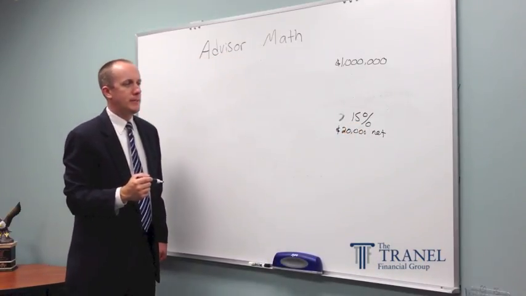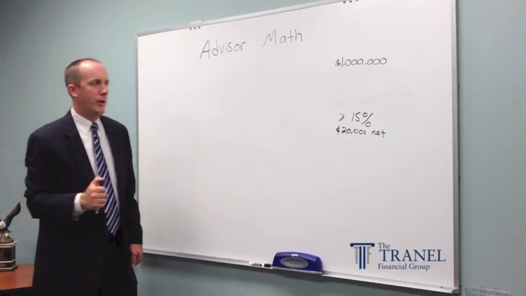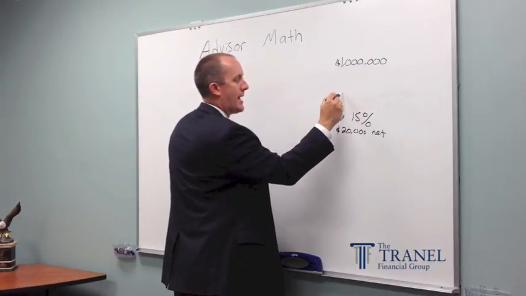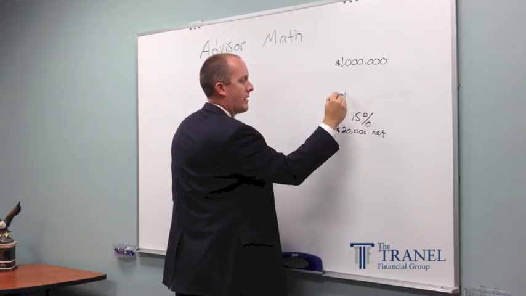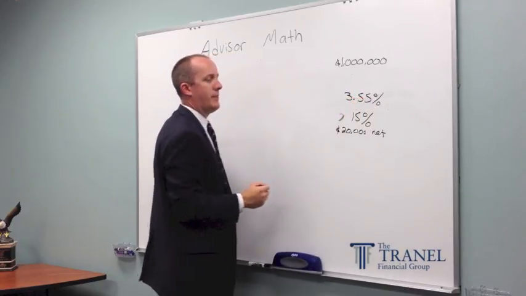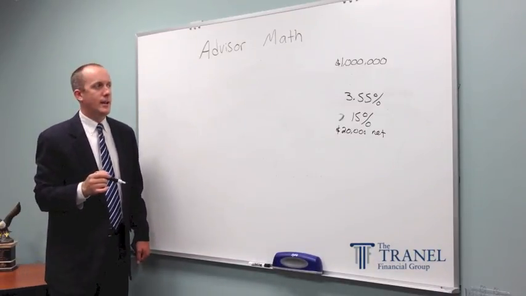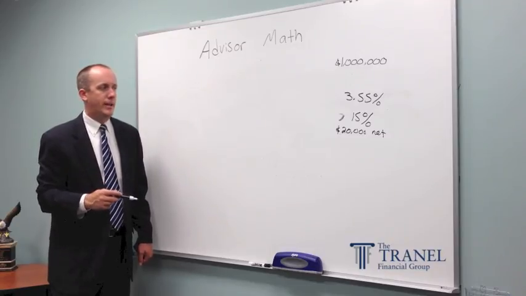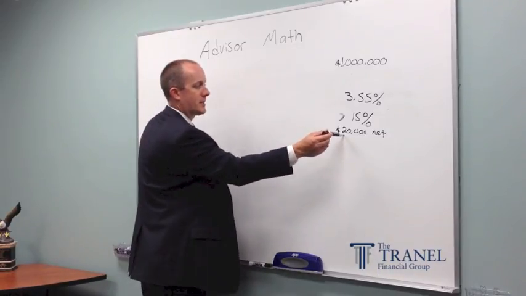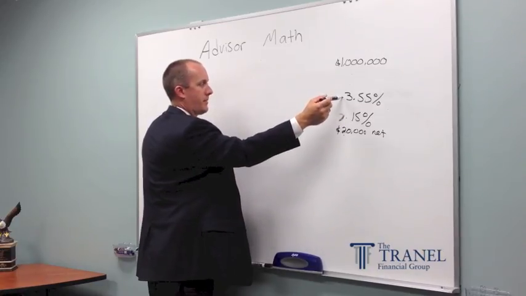And let's assume that they're going to use a tactical income solution portfolio that currently pays a 3.55% dividend stream. And the question you need to figure out is how much money needs to go in the income bucket to net this after taxes with a yield of this.